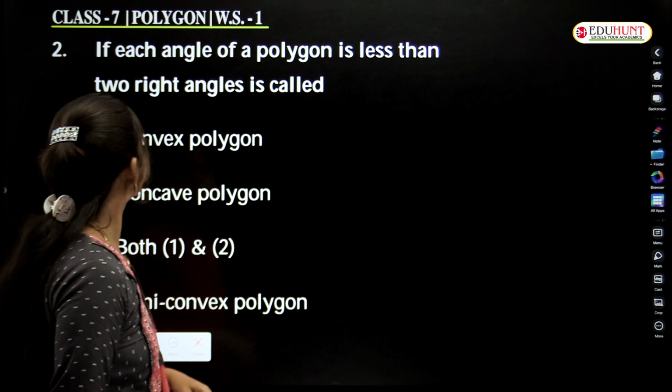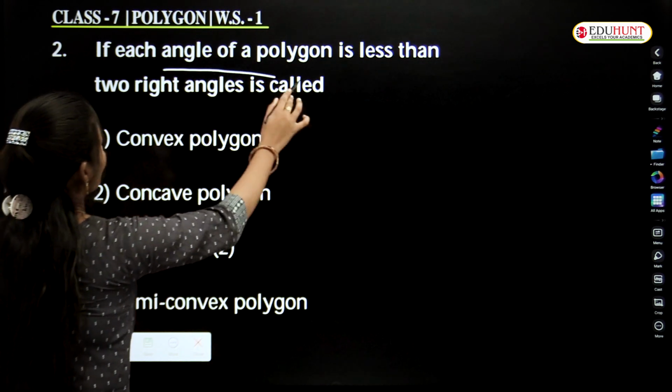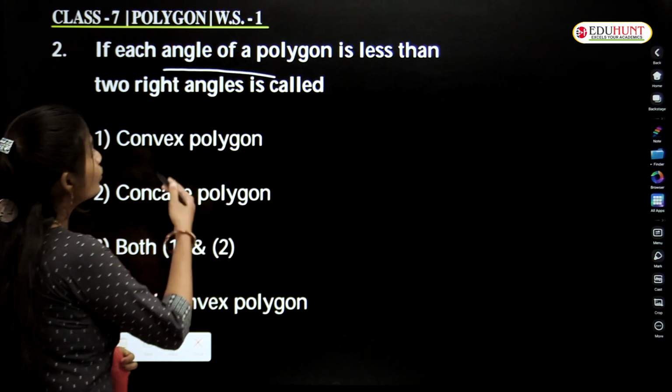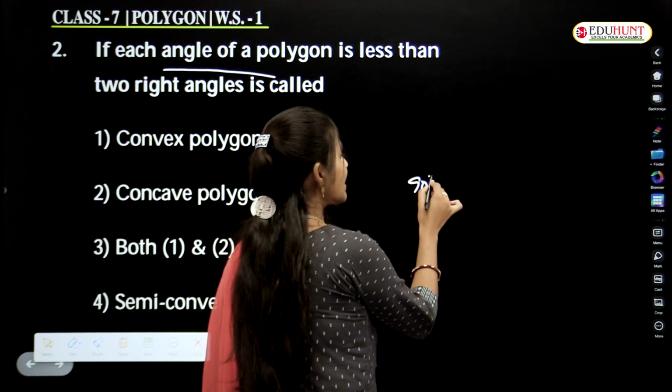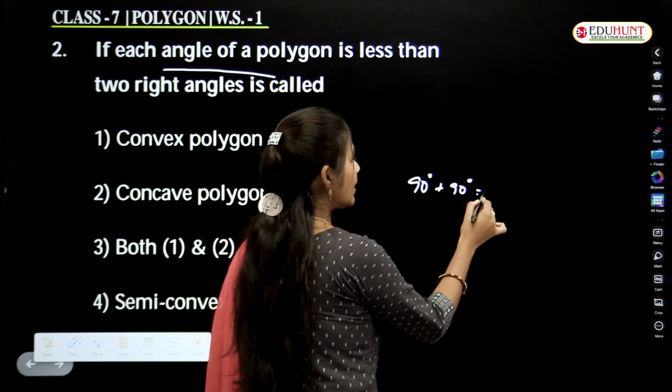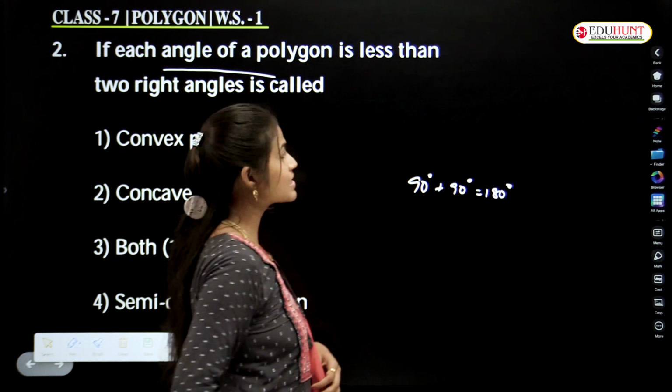Next: if each angle of a polygon is less than 2 right angles. 2 right angles means 90 plus 90, which is 180 degrees. So what are they asking here?